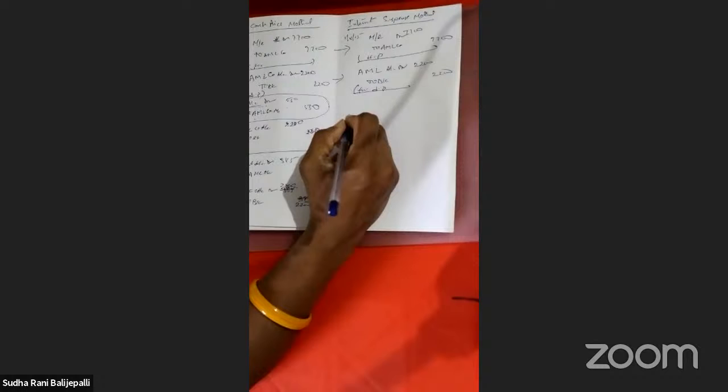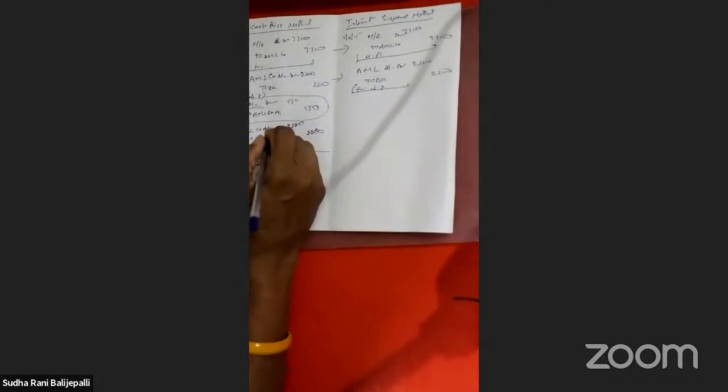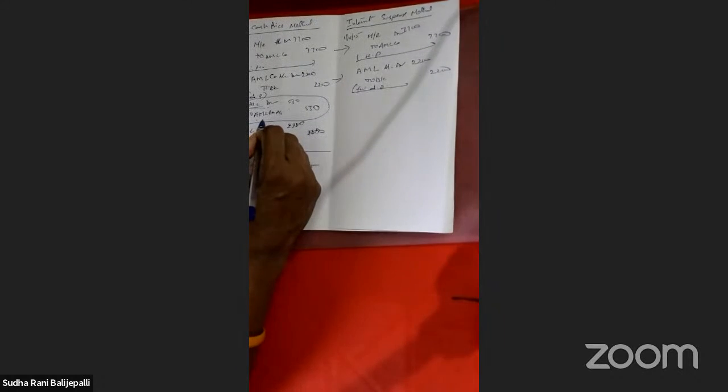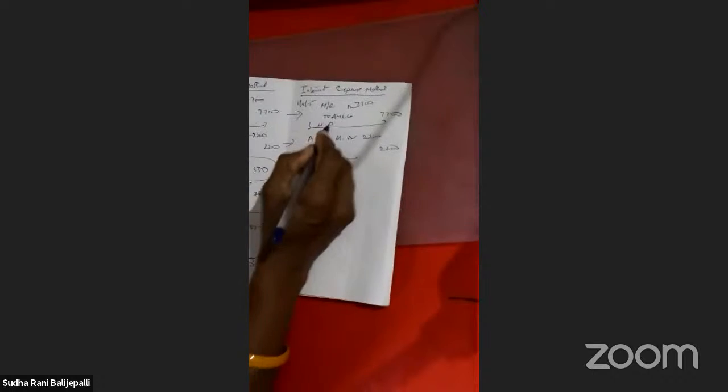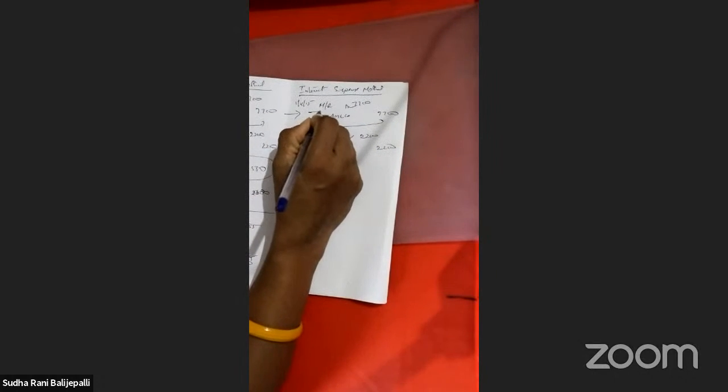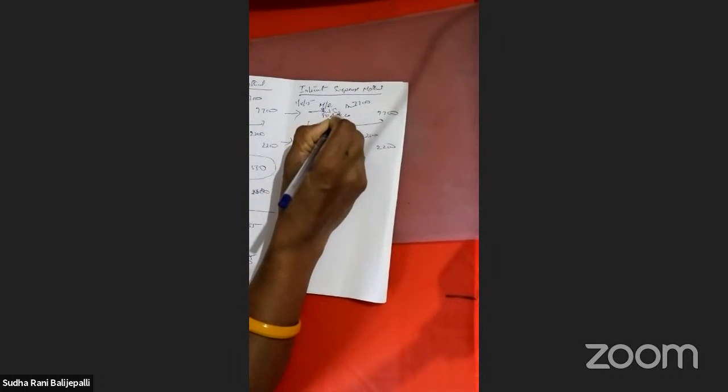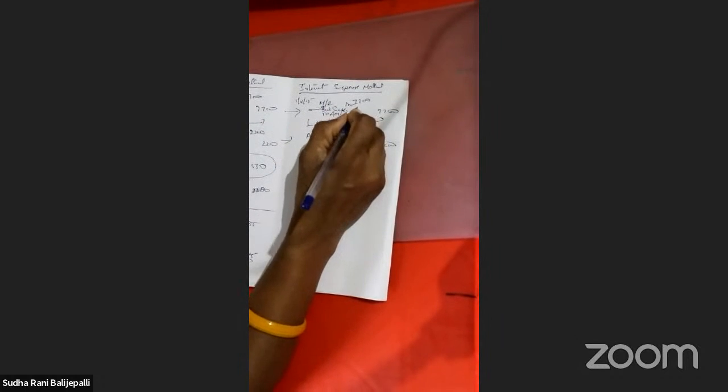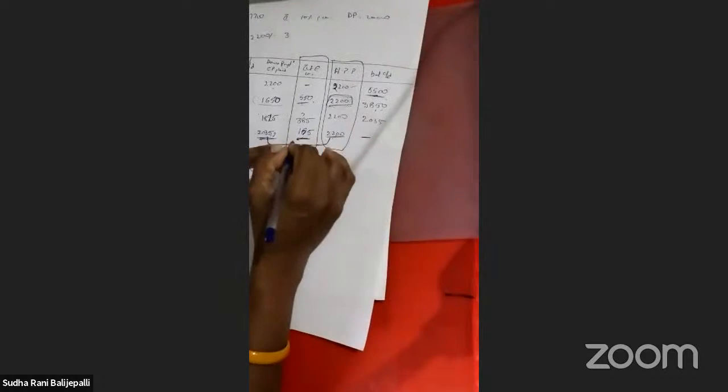What is the difference? Here, interest to AML company we wrote. Here we add a first entry, we add interest suspense account. Total interest. If you total this amount, what total interest is coming?